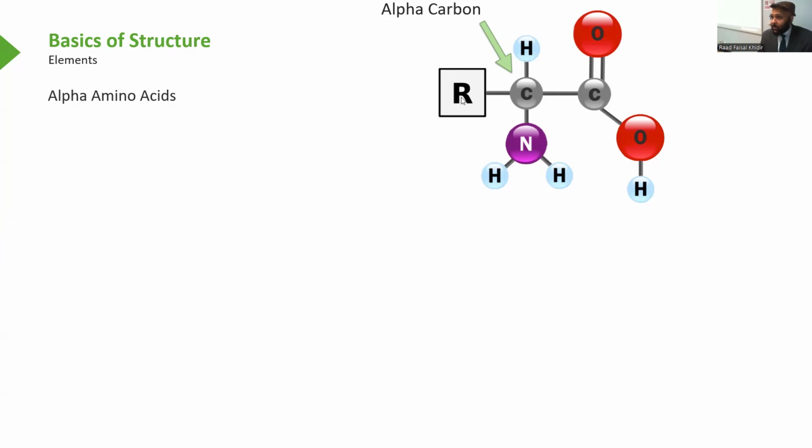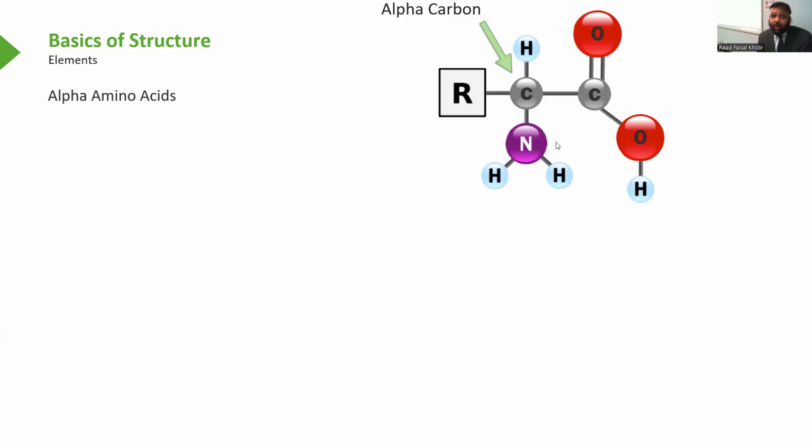Only the R substituent makes the amino acid unique. And that R substituent, when combined with other amino acids, is what's going to determine the primary structure and the folding. Why do some amino acids have an alpha helix? Why does another have a beta pleated sheet? It's because of the R substituent that is part of all these primary sequences.